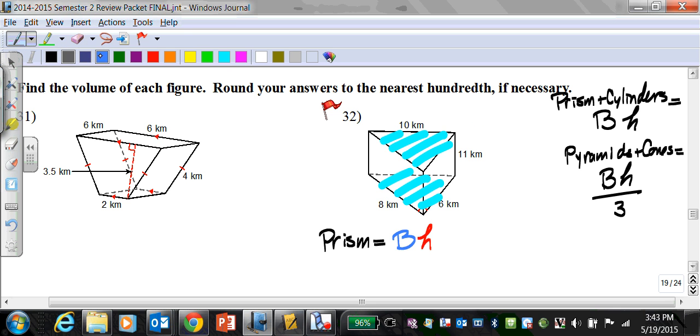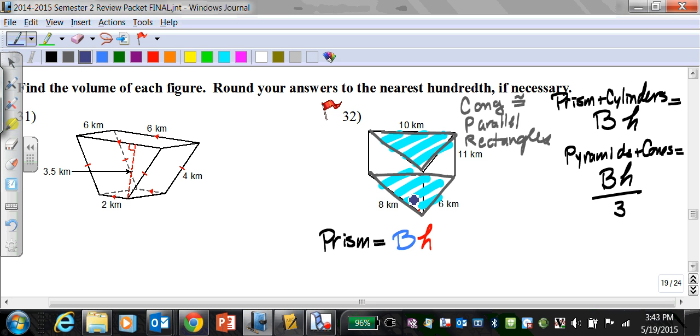They are congruent. There's two of them. They are parallel. And they're connected by rectangles. So I can see that these two right here, this one and this one, they're congruent to each other. They're two triangles. They're parallel and they're connected by rectangles.